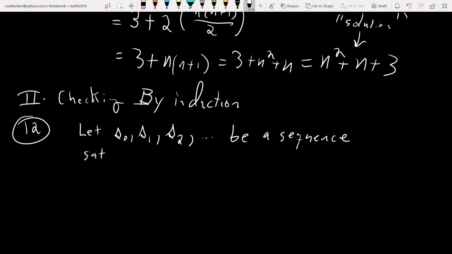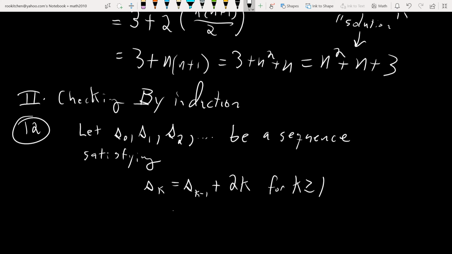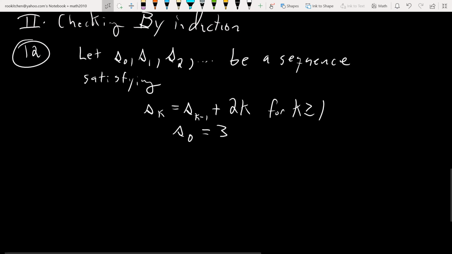satisfying some recursive relation. S sub k equals S sub k minus 1 plus 2k for k greater than or equal to 1, where you have an initial value of 3. That's the given information.